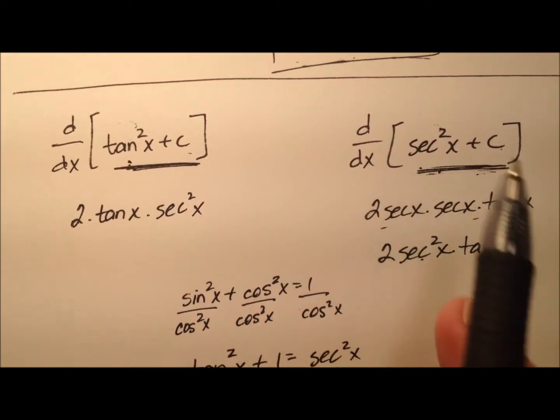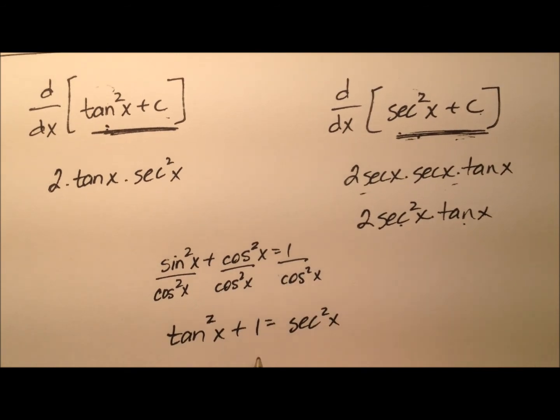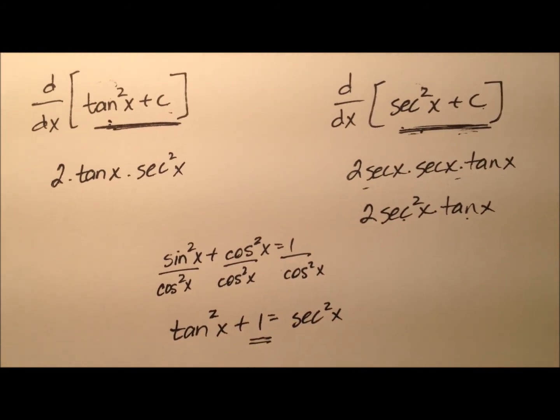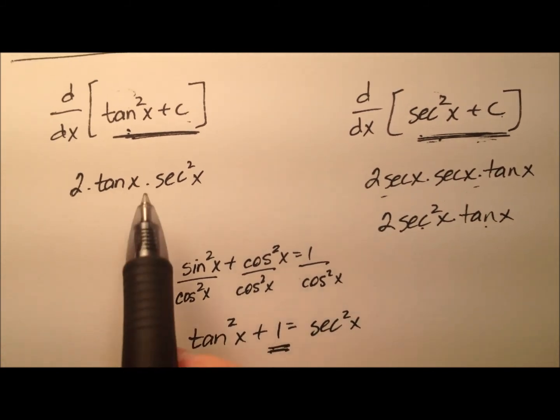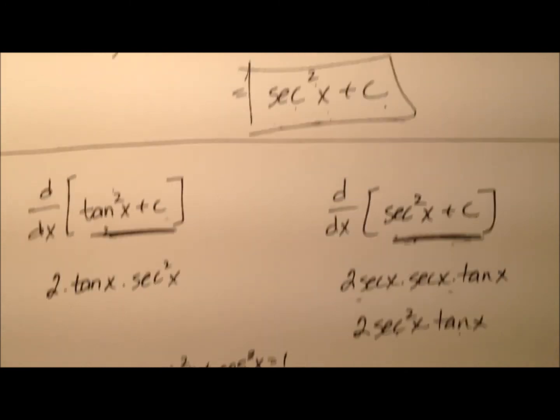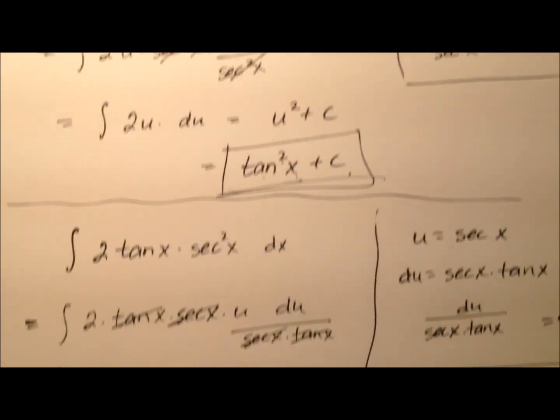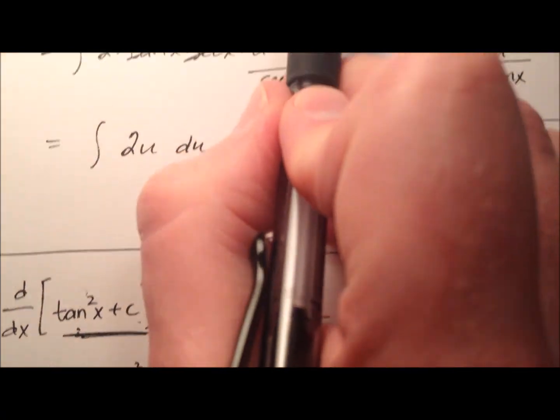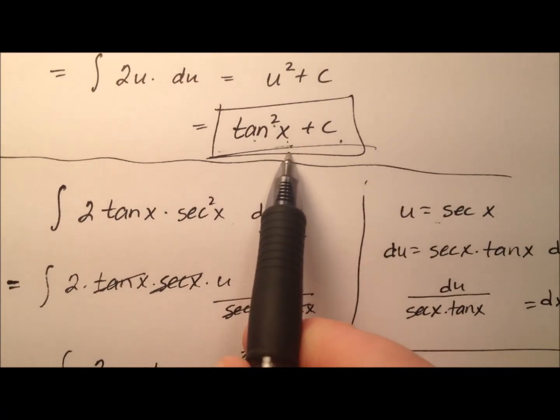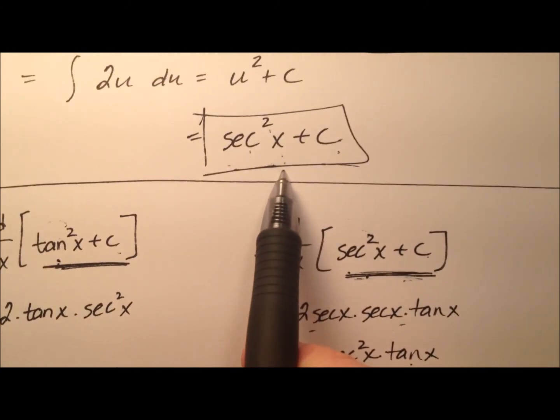So while they aren't the exact same functions, how do they differ? Well, they differ by a constant. And what happens when you differentiate a constant? Well, it goes to 0. So that's why integrating this original expression seemingly ended up in two separate answers, tangent squared x plus c and secant squared x plus c.